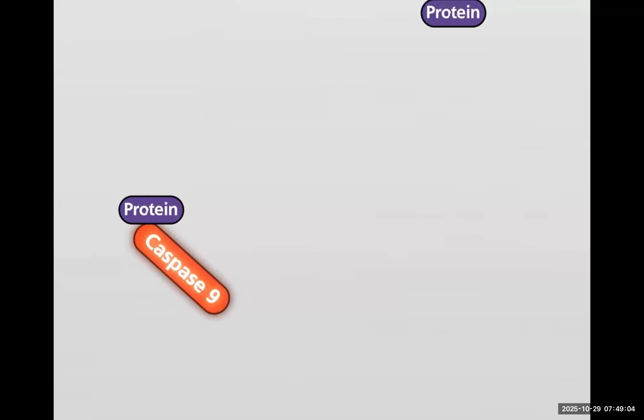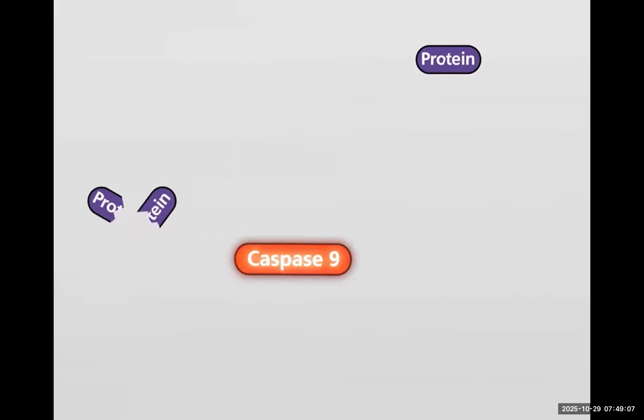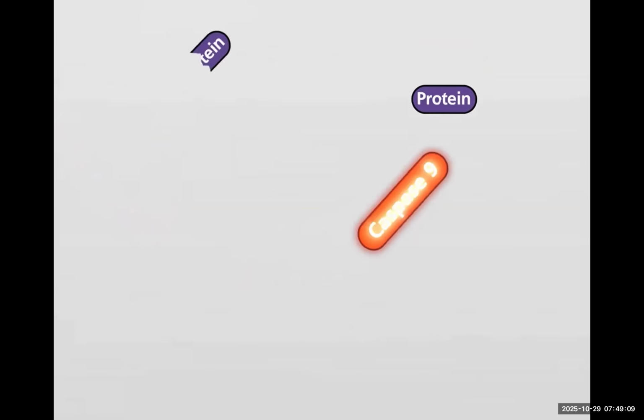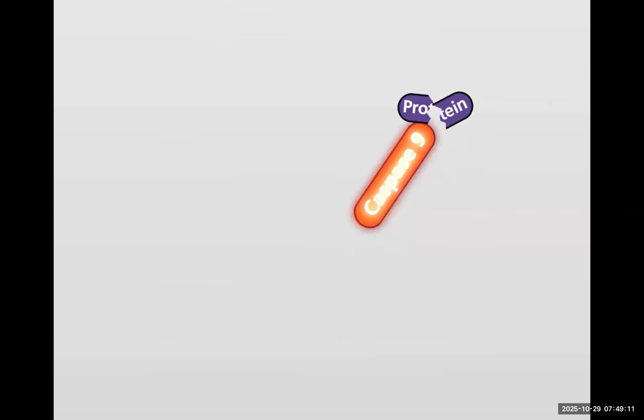Active caspase 9 is able to cleave additional caspases and to destroy many other proteins. In this way, caspase 9 initiates the so-called caspase cascade. This cascade denotes a stepwise cascade of proteases that cleave and thus activate each other. The concentration of active proteases in the cell increases rapidly, leading to the destruction of many different proteins.